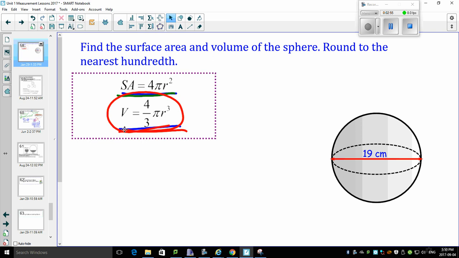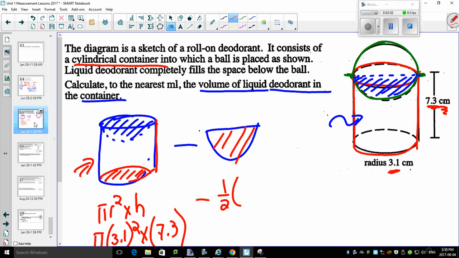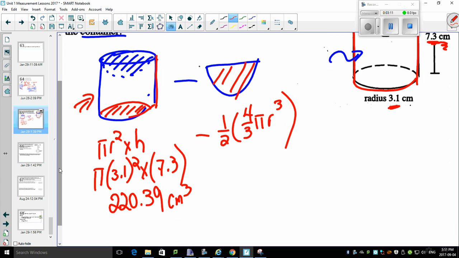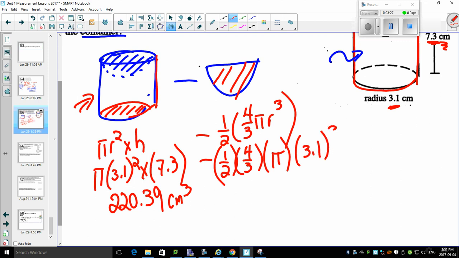Let's go back to our calculation. 4/3 pi r cubed. All that requires is putting in the numbers. So subtract 1/2, 4/3, which I'm going to put in brackets, the pi, and the r cubed is 3.1. Remember, that's got to be cubed.